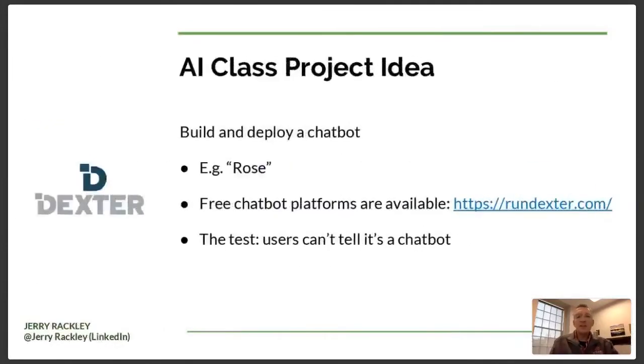So here's another thing, just a class project idea, because we all love to find ways to provide experiential learning in the classroom. So here's one you can do. You can have your students build and deploy a chatbot. So here's some backstory for you. In early 2017, the Cosmopolitan of Las Vegas, a hotel in Vegas, debuted Rose, a virtual flirty concierge who apparently has a real attitude.